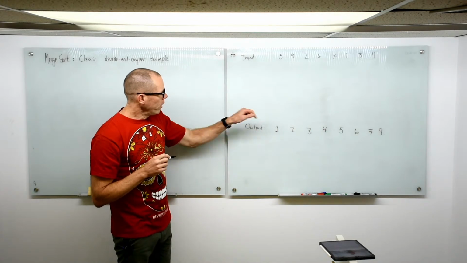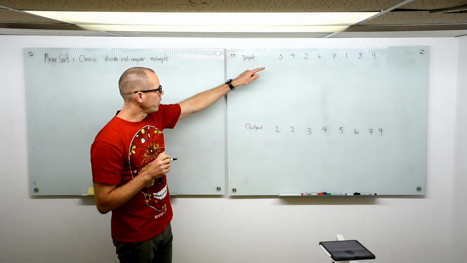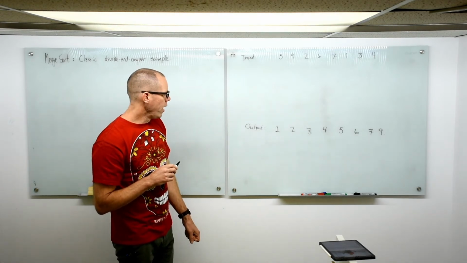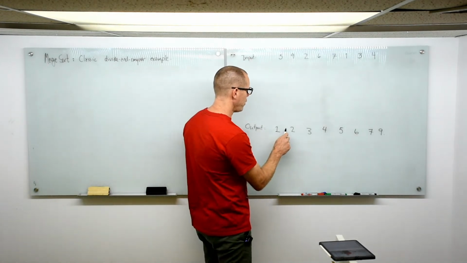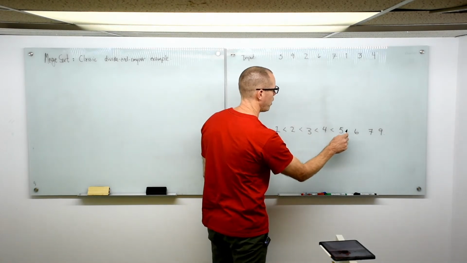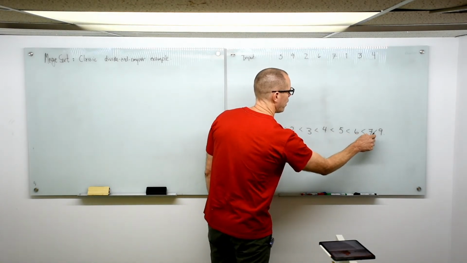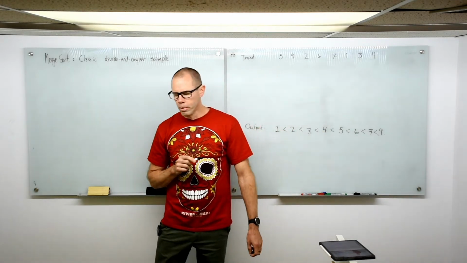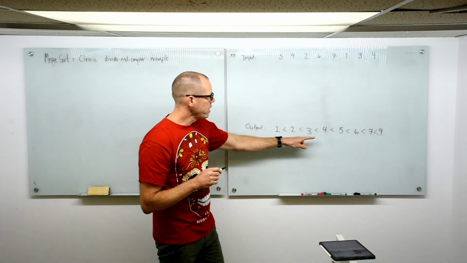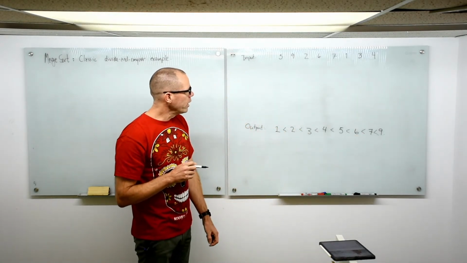Okay. So that's the sorting problem. Input is something in arbitrary order, output is in sorted order, and sorted order means the first thing is less than the second thing, which is less than the third thing, and so on. And we'll assume that all of the things are distinct, so it's really less than here, not less than or equal to.